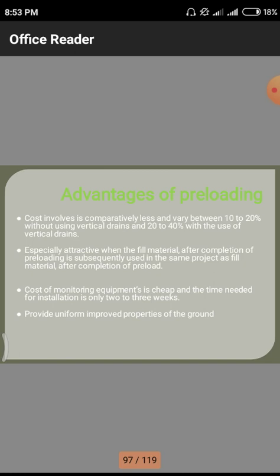Next one, the cost of monitoring equipment is cheap, and the time needed for the installation is only 1 to 3 weeks. That means the cost of monitoring equipment is cheap. Normally, for monitoring we use dumpy levels and other small things for settlement purposes.